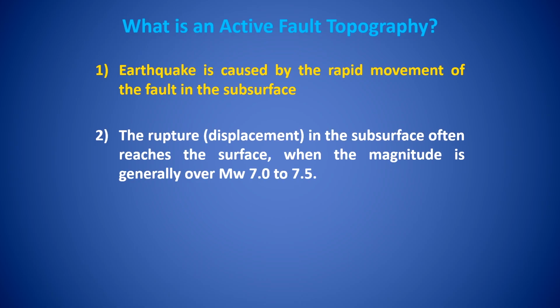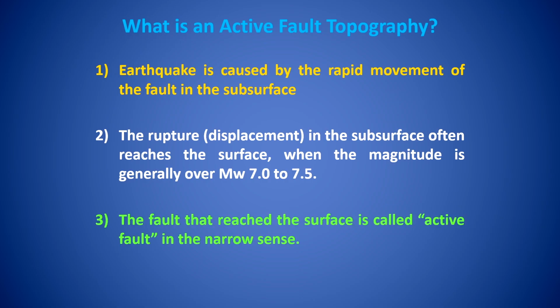The rupture or the displacement in the subsurface often reaches the surface when the magnitude is generally above 6.5 or so, but it has been observed at a number of places in recent tectonic deformation that even 6.5 can result in surface rupture. But mostly it has been seen that a large magnitude earthquake will rupture the surface. The fault that reaches the surface is termed an active fault.